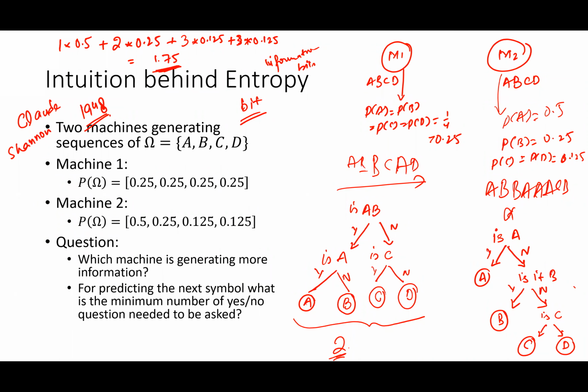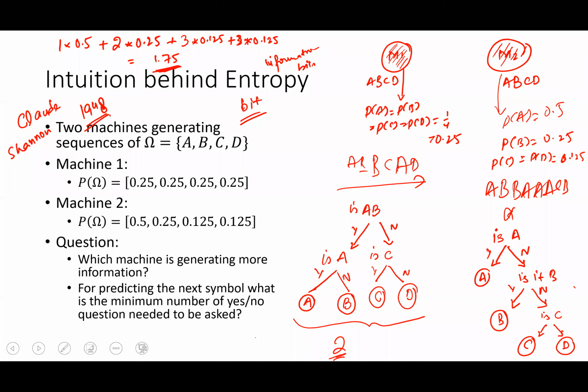Is it clear? That means, in other words, the uncertainty in case of machine number 1 is more than the uncertainty in case of machine number 2, which is quite visible, since in machine number 1 all the symbols are equally probable, so there is much more randomness in this system than machine number 2, where there is some kind of order: symbol A is generated half the number of times, symbol B 25% of the times, and C and D 12.5% of the times.